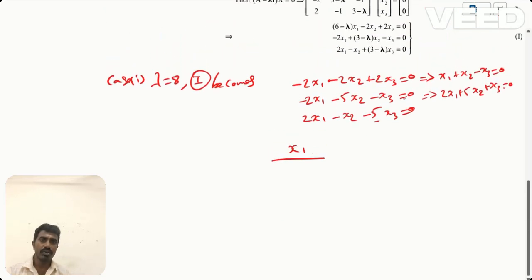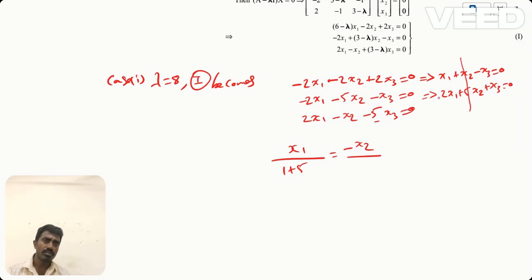To find the value of x1, you remove the x1 column, then find the remaining determinant of the coefficients. So 1 minus 5, so 1 plus 5, which is equal to minus x2 by, always put minus in front of x2, then remove the x2 column, then find the remaining determinant of the coefficients.